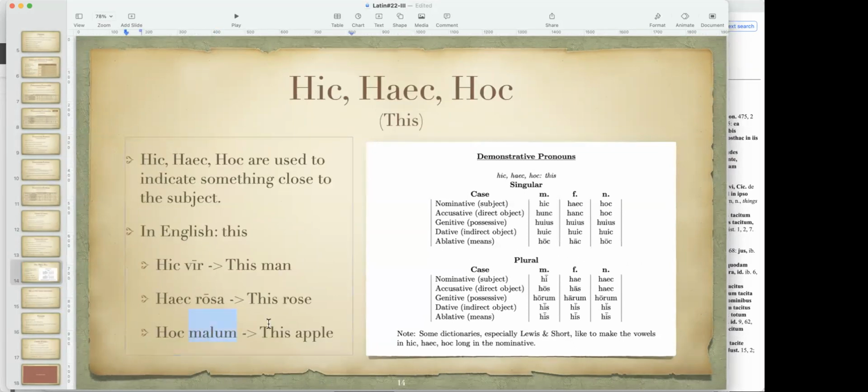Now malum, I know it's kind of stretching it, but that's exactly why they play that little in the Latin. Now malum, when we say apple, can mean any fruit, not just the classical apple that William Tell.